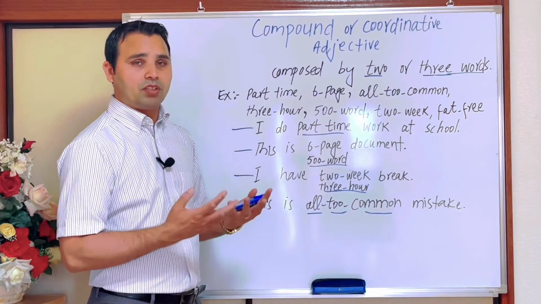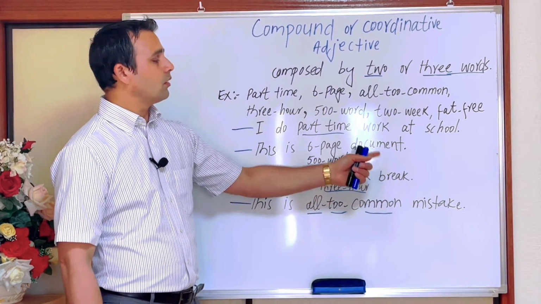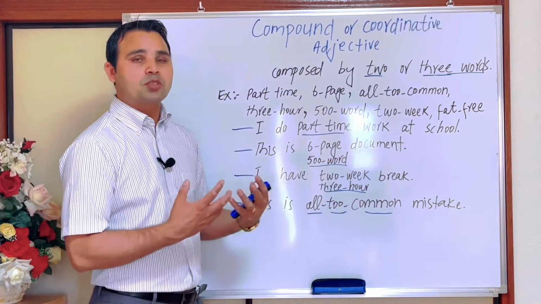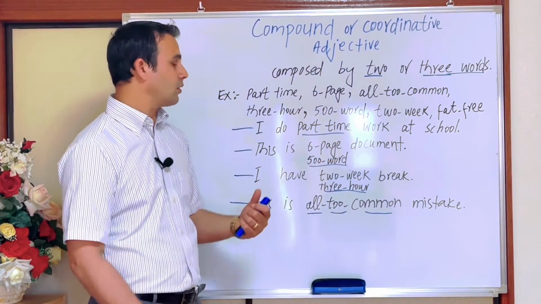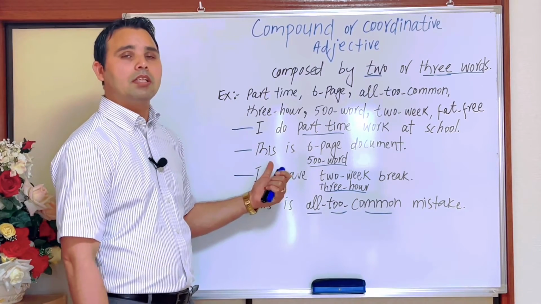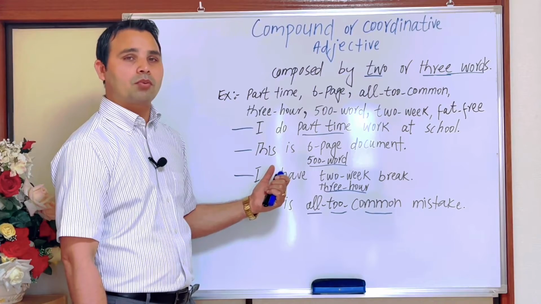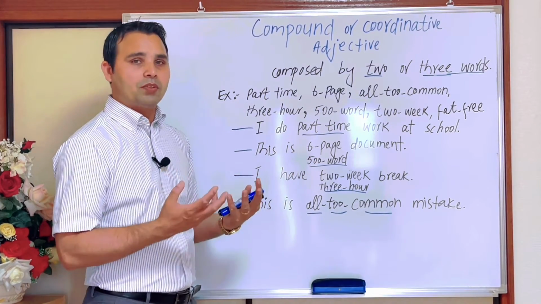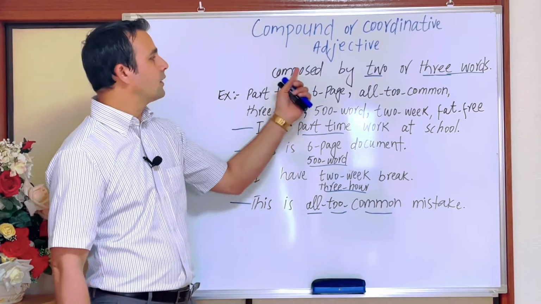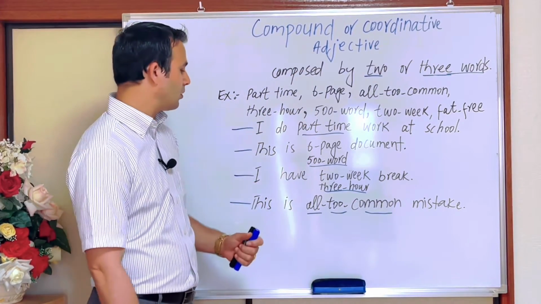Maybe if you want to make the sentence plural, you can make it plural at the end by using S or ES, or maybe you can use a plural subject like a noun or pronoun. But your two-word or three-word adjective will always be used as singular.